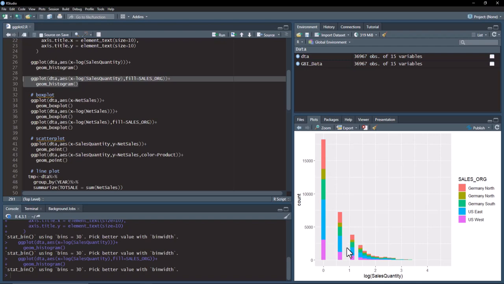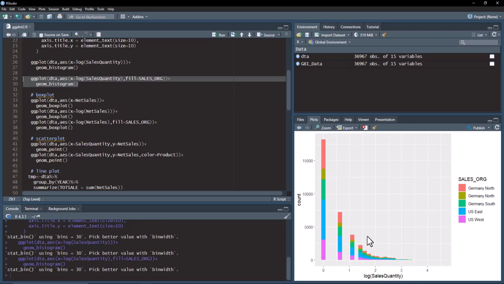When we get to the higher price items, so maybe here, notice that for the higher price items, US East is larger than the Germany North ones, and sort of like that as we go out here. US East is bigger and sort of dominates at the higher price ones.